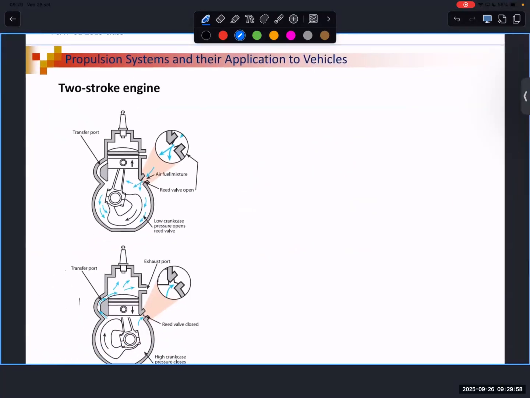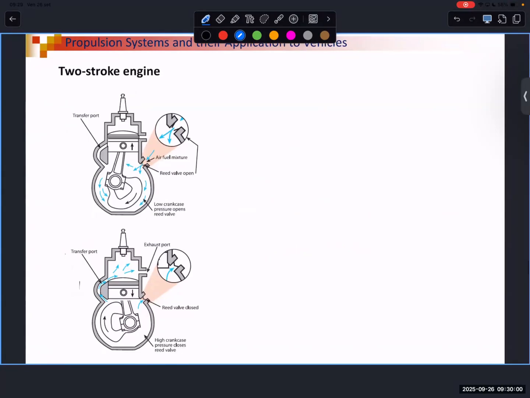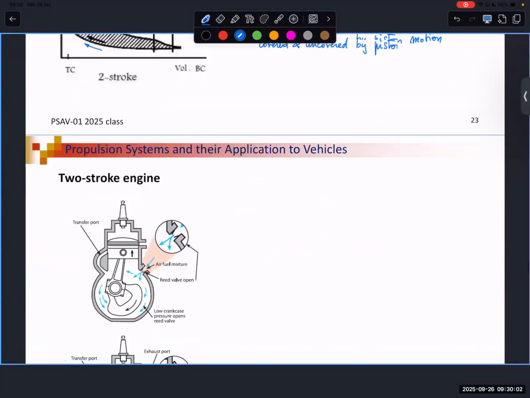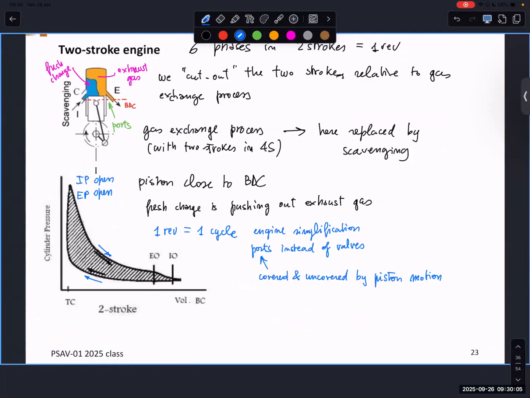And during scavenging, what we have to consider is that the pressure of the fresh charge has to be higher with respect to the exhaust in order to push it out.